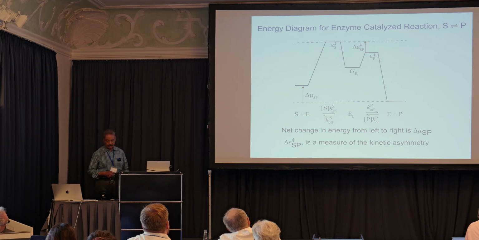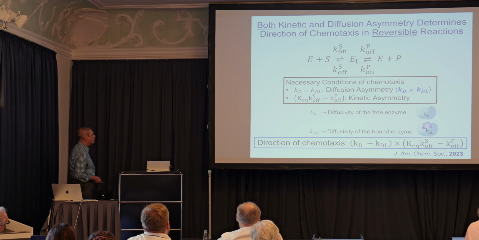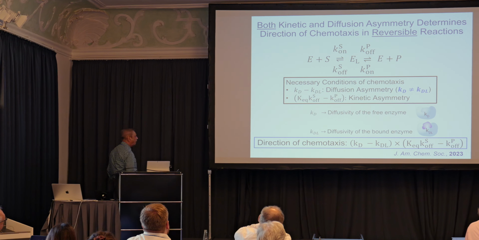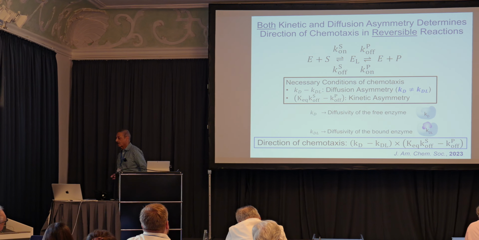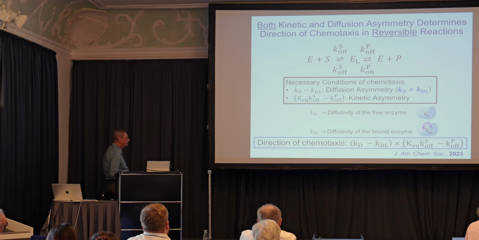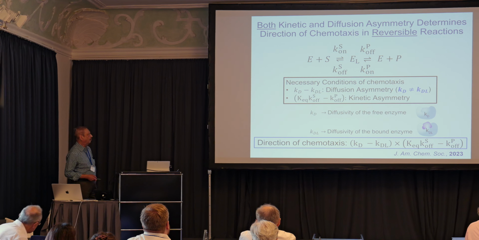So this is the kinetic asymmetry of this particular reaction. And if you take this into consideration, what you find is that the direction of chemotaxis now not only depends on the difference in diffusion between the bound and the unbound enzyme, but also on the kinetic asymmetry, here shown as the difference in off rates, product coming off versus the substrate coming off.